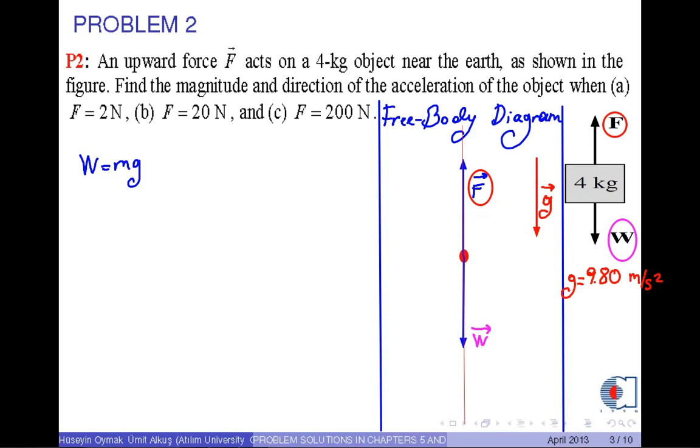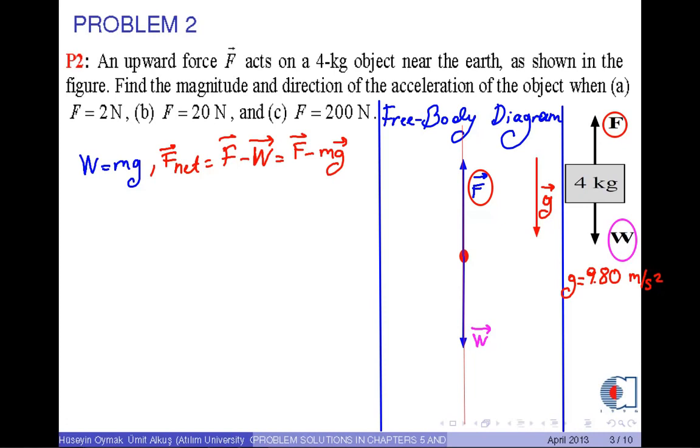The forces in this line are F and W. The difference of them, that is F minus W or F minus m times g, gives the net force on the object.